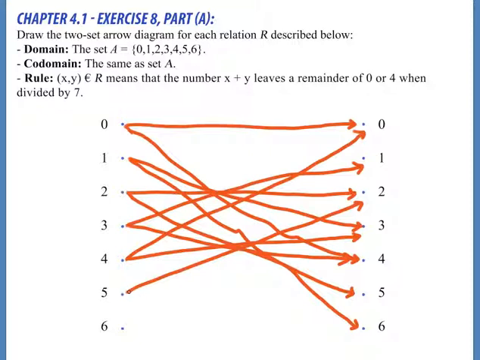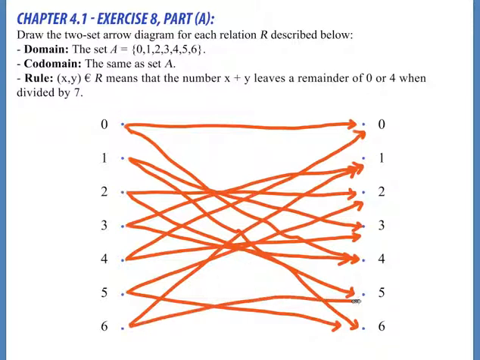That would leave a remainder of 4, so this would also connect. And for the domain of 6, 6 plus 1 would equal 7. And you divide by 7, there's a remainder of 0 there. And then 6 plus 5 would be 11, and you divide by 7, and there's a remainder of 4.